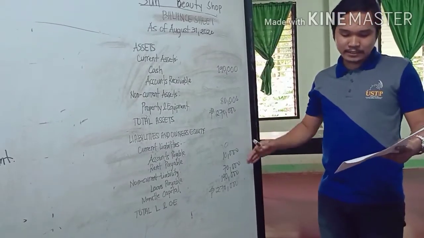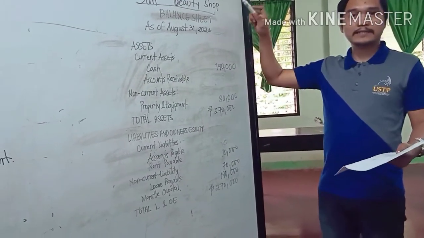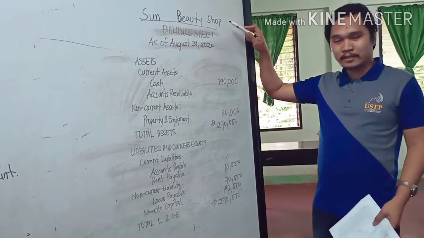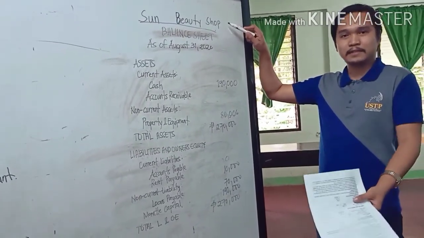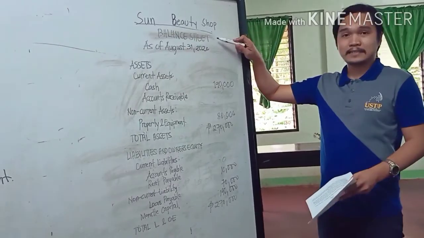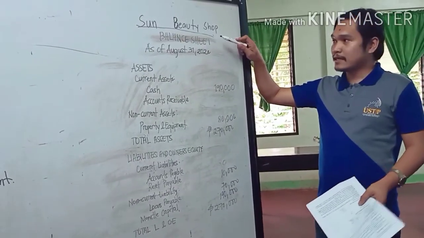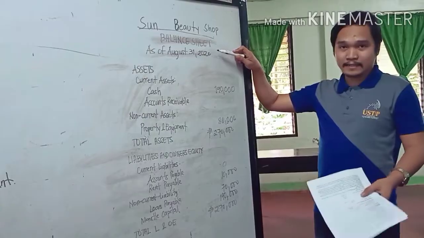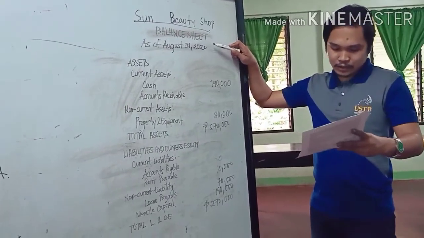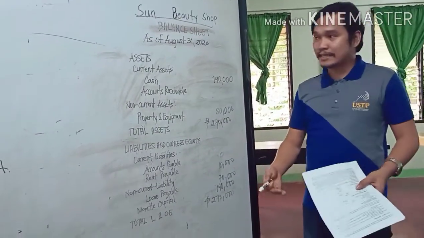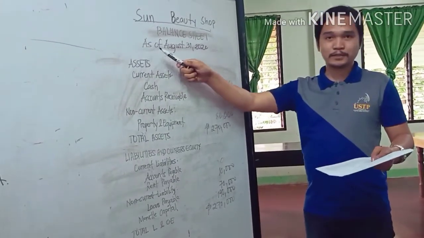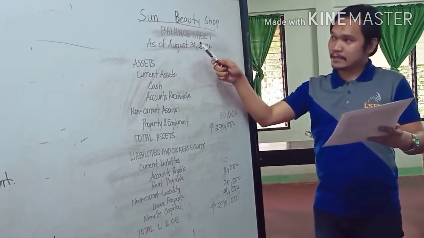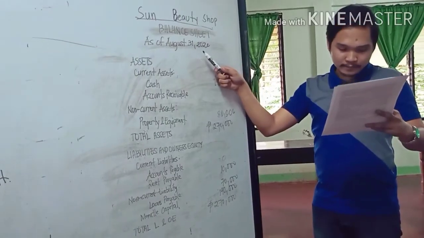It starts with the heading, the company name. Then the second line is the title of the report, and the third line is the date. We notice that the third line starts with the words as of, so as of August 31, 2020.